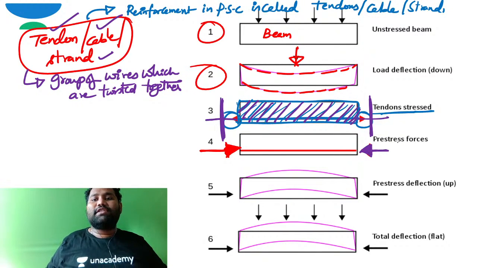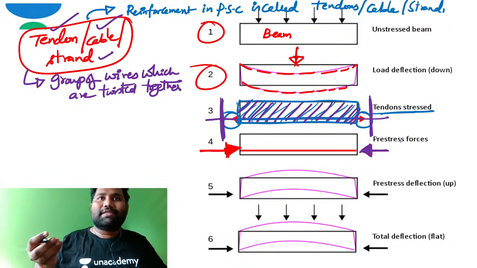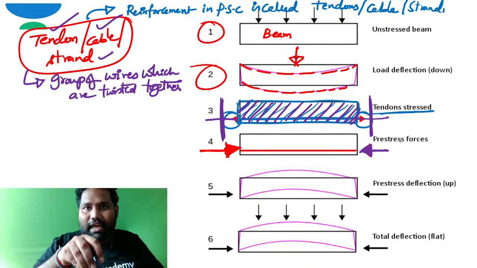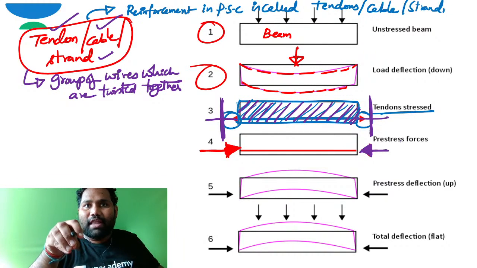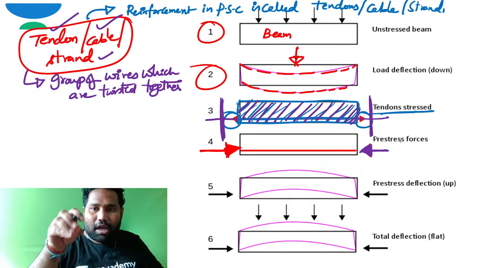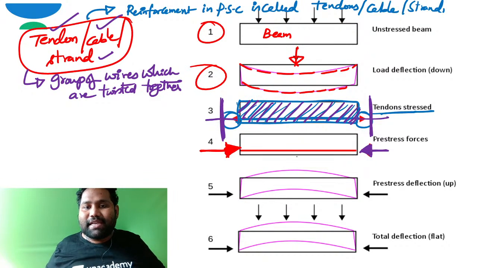So how is this pre-stressing force applied? That means stressing the steel prior to the application of concrete. Here we are applying stress in steel prior to the casting of concrete itself.